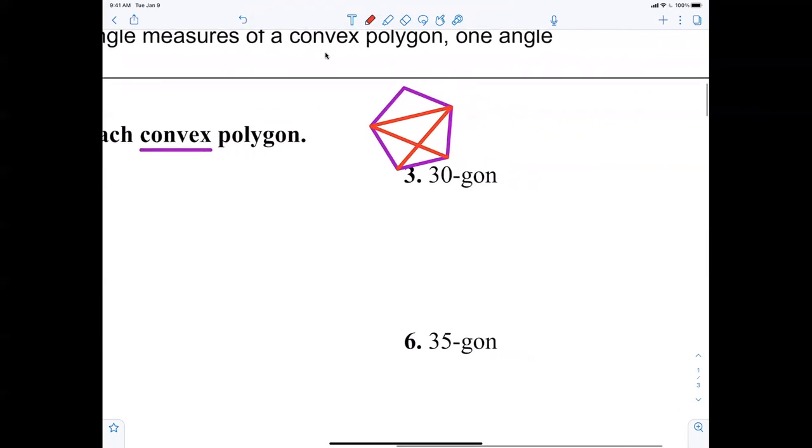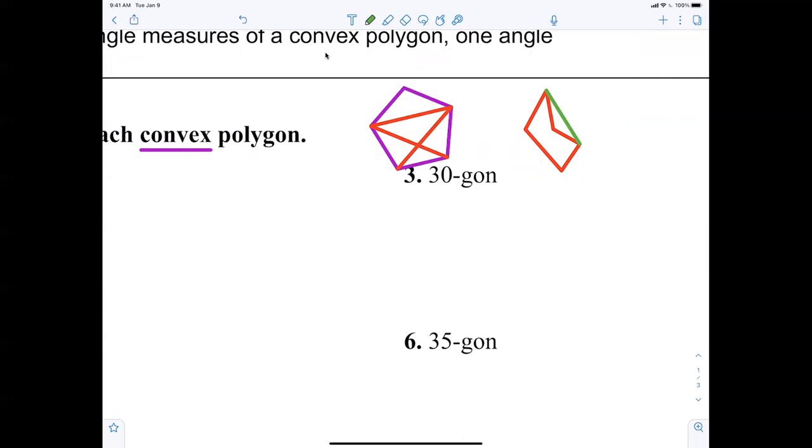But if I draw something that's concave, when I try to draw all the diagonals, a diagonal will end up where? On the exterior of the polygon. All right, so that's what convex and concave.